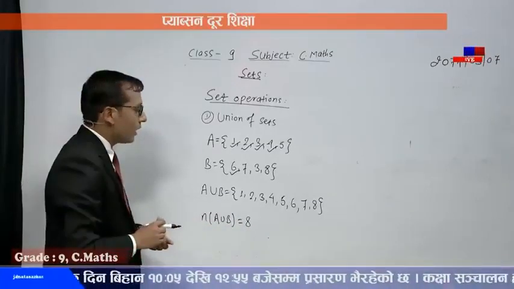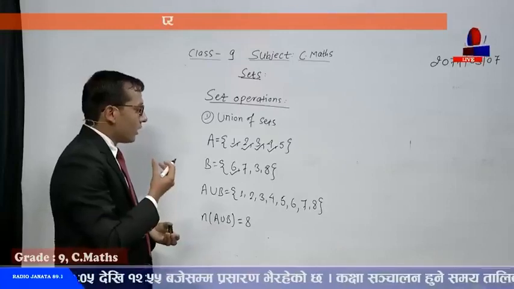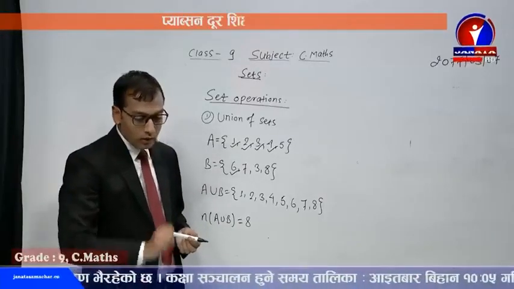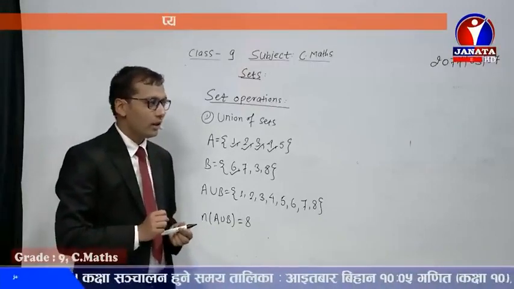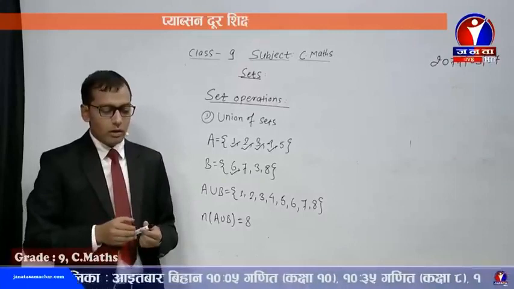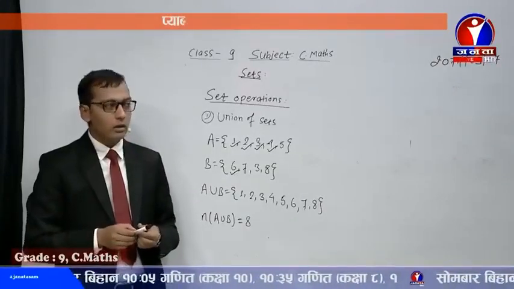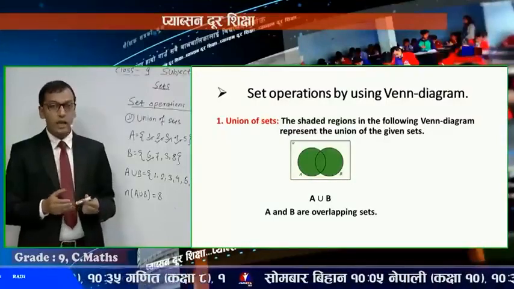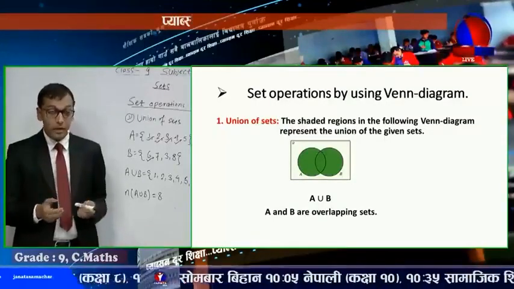At the same time, let me display one slide. How is the diagram of union of sets? The shaded regions in the following Venn diagram represent the union of the given sets. Here I am taking the example of overlapping sets.